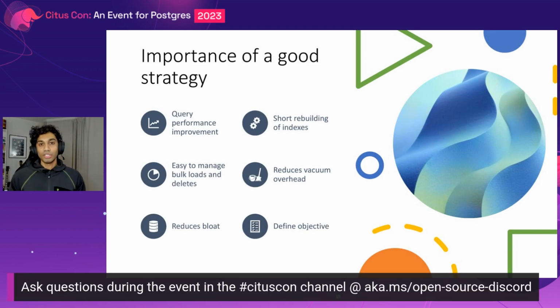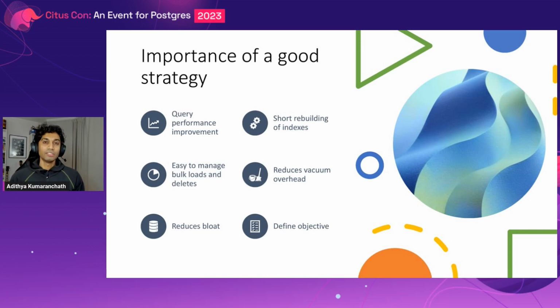It could also reduce index rebuild times because now the data is organized and it has to rebuild only a subset of data. If your application does a lot of bulk inserts and bulk deletes, then that could happen efficiently if the table is partitioned because you operate only within that partition and other partitions remain untouched.